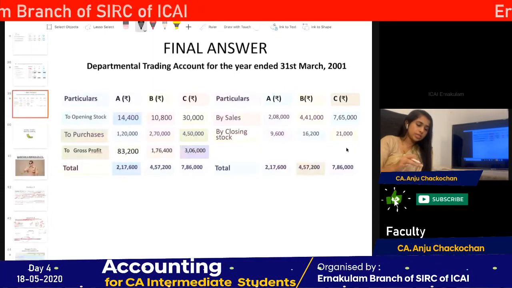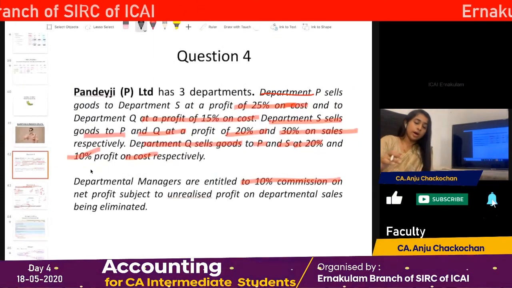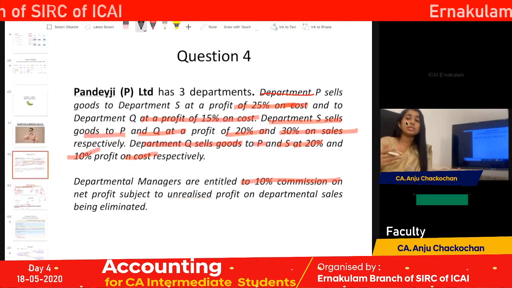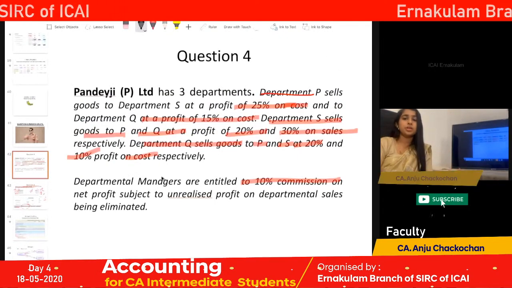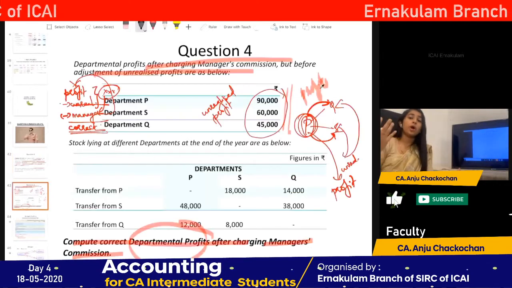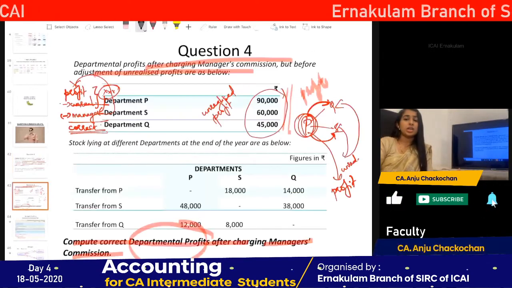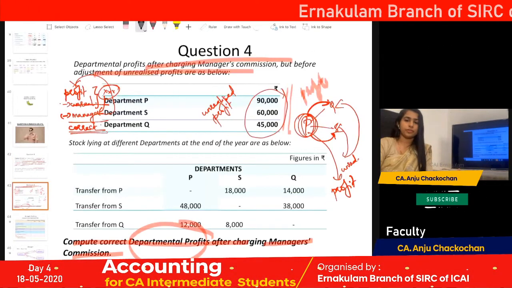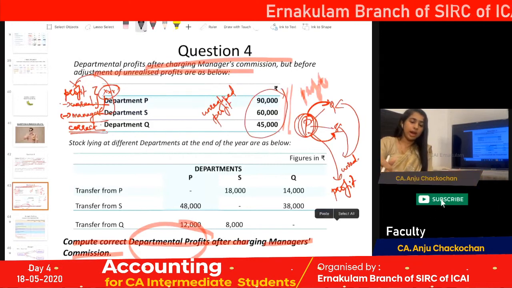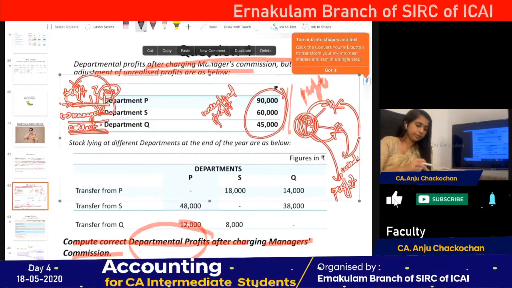And then the next question what we did was we had to compute the manager's commission. We had to rework on that, and what exactly was the actual profit, the corrected profit of the department. And here we had to apply a bit.